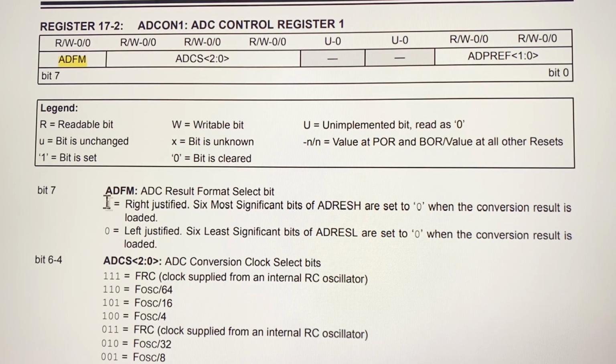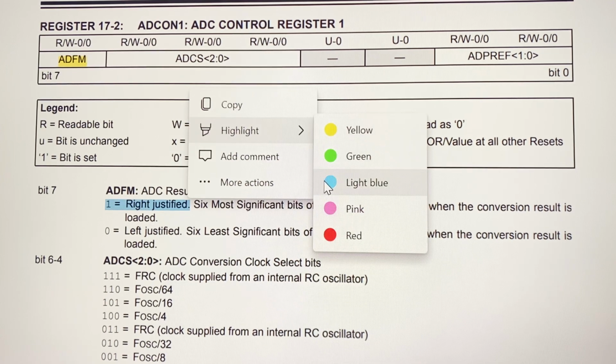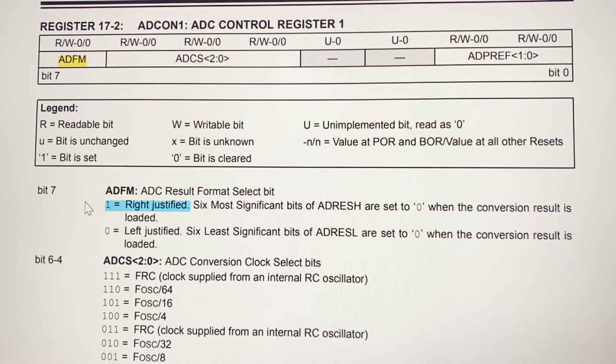So we're going to make it equal to 1, because by default you can see here it is equal to 0, so we will make it a 1. So we will do the right justification, and then we select the clock source.